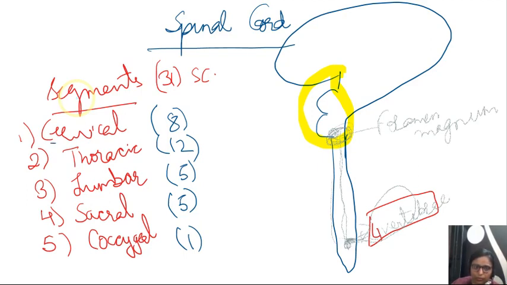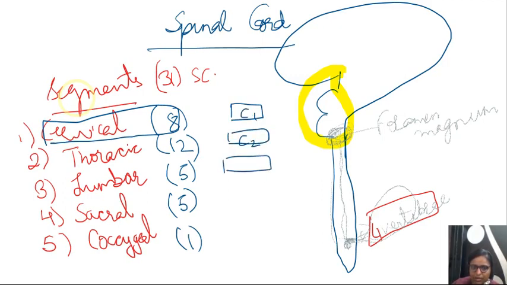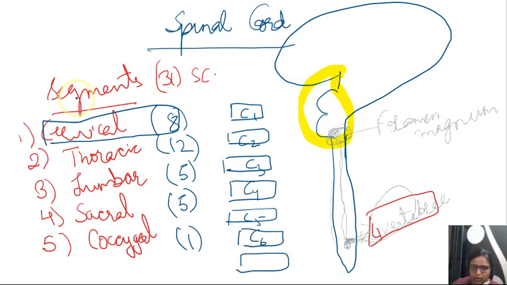Okay, I'll tell you how we have the 8 cervical segments. See, we have C1, C2, C3, C4, C5, C6 and C7. We have 7 cervical vertebrae. Is that right? So how do we have 8 cervical segments? Because your first segment is from above the C1. What is there? Occiput.